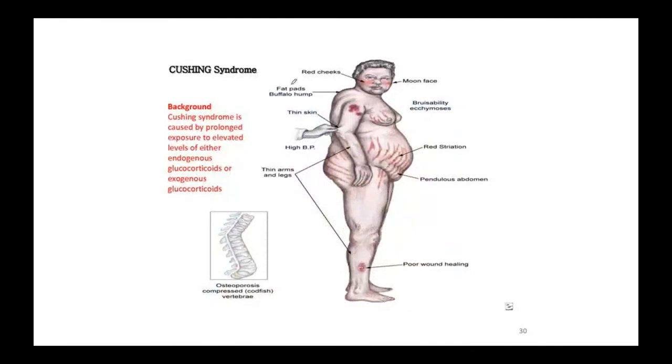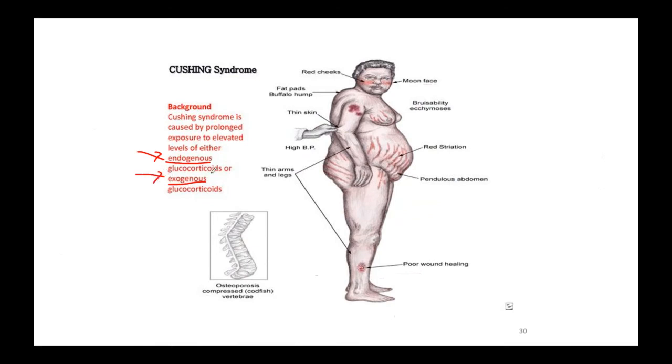Here's a condition called Cushing syndrome, which is from prolonged exposure to either endogenous or exogenous glucocorticoids. This means self-produced, or getting it from outside sources.